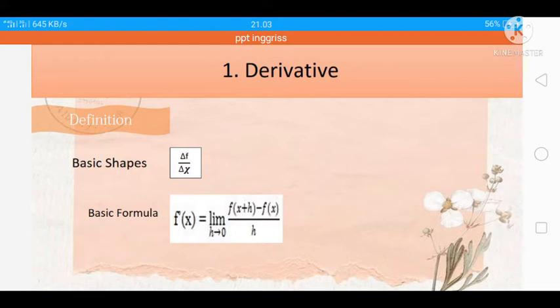Well, here's the definition of the derivatives. So the conclusion is that the derivative is the change in f(x) divided by the change in x, but the change in x or h is close to 0. So that's the basic definition of the derivative.